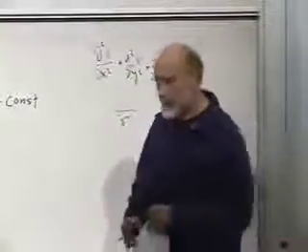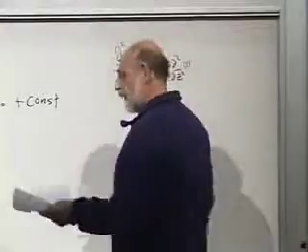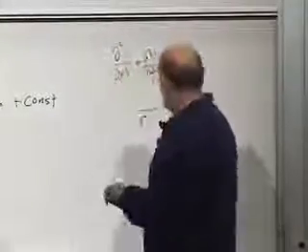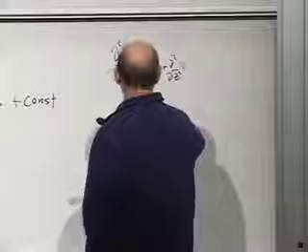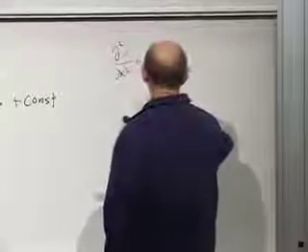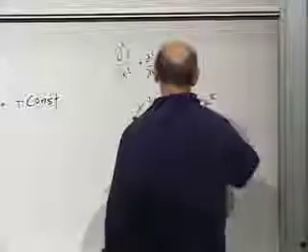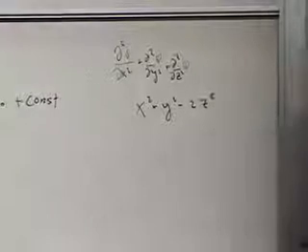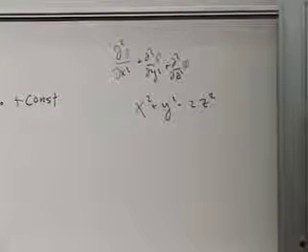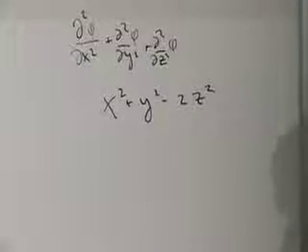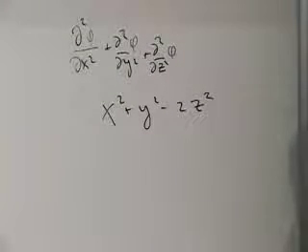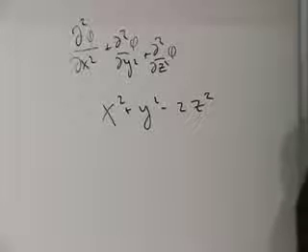Let me write down one function with that property. Take x squared plus y squared minus 2z squared. I'll call this phi. What's the second derivative of this with respect to x? 2. How about with respect to y? 2. How about with respect to z? Minus 4.